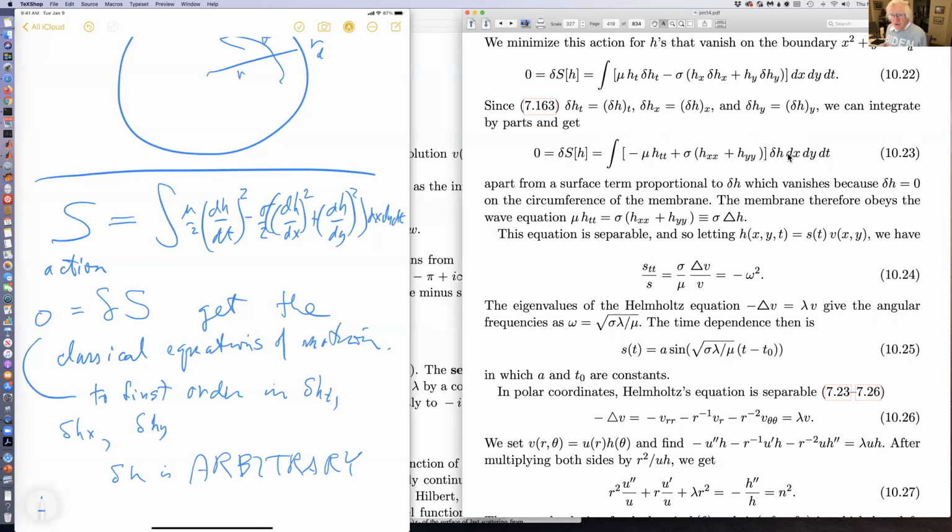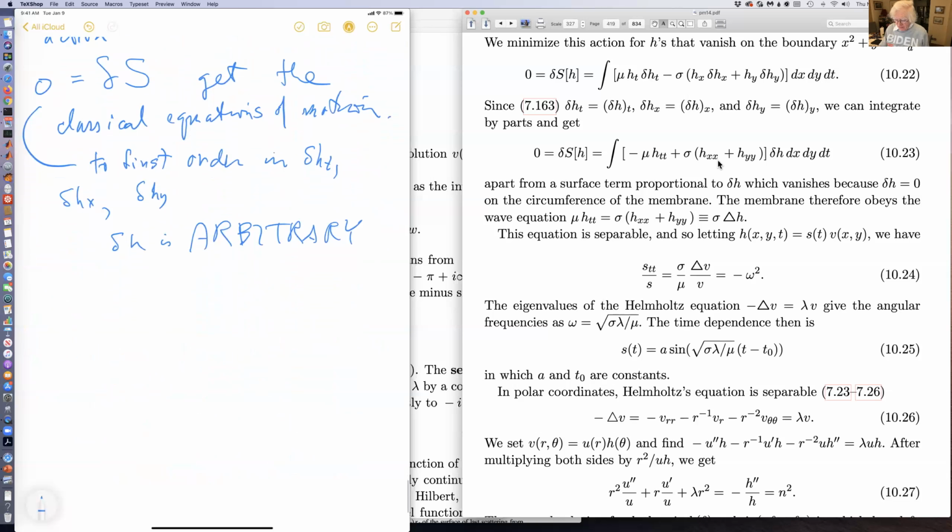So for arbitrary delta h, this has to be 0. But that means that the square bracket has to be 0 identically at every point, every x, y, and t.